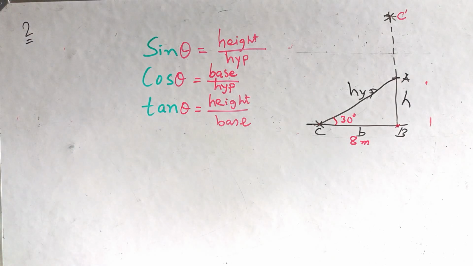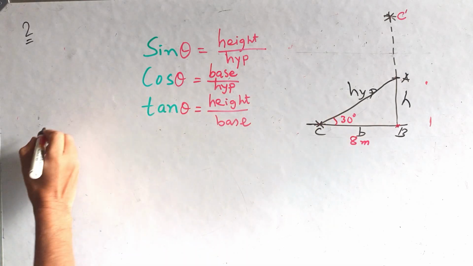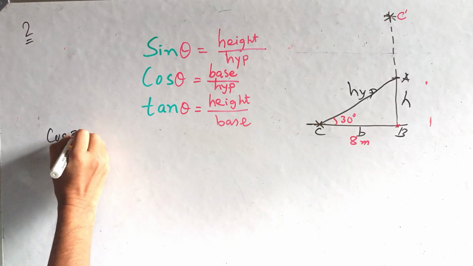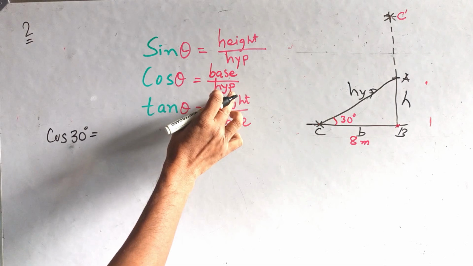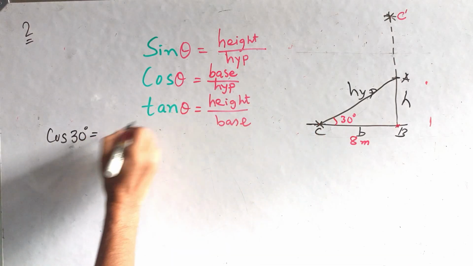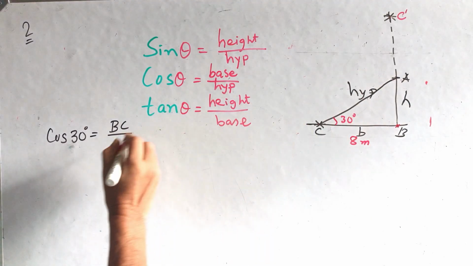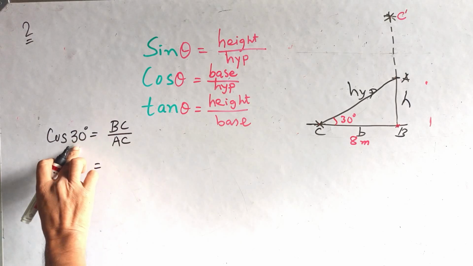So let us proceed with our calculation. Cos 30 degrees is base by hypotenuse, so we write BC by AC.